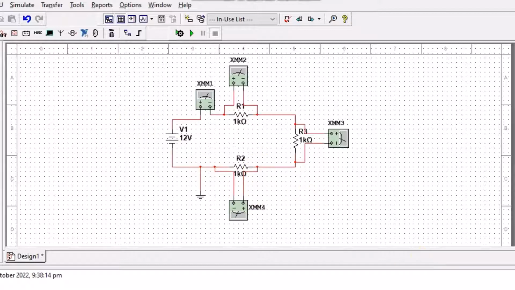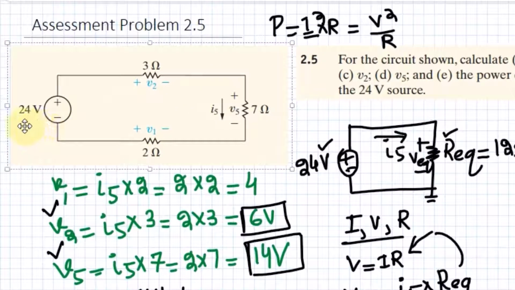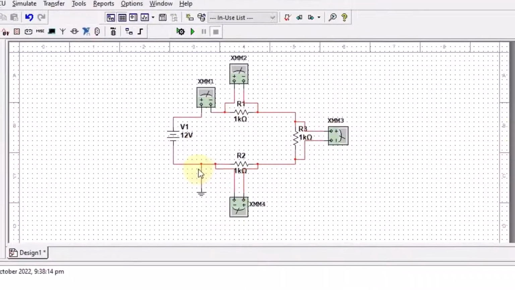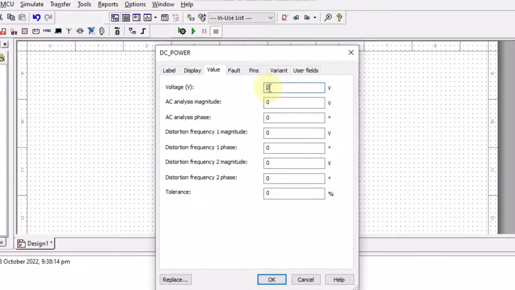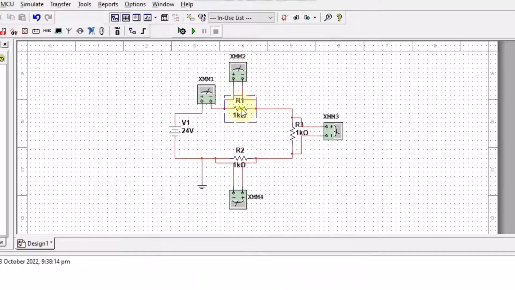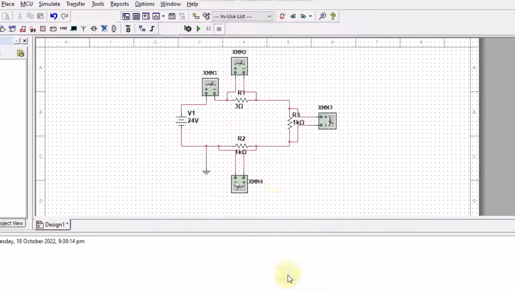Now let me change the values according to our original circuit. The source here is 24 volts, while the resistors are 3, 7, and 2 ohms. Changing it, this is the 24 volts. This one is the 3 ohm resistor, writing it 3.